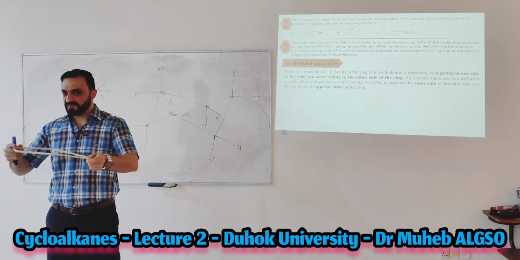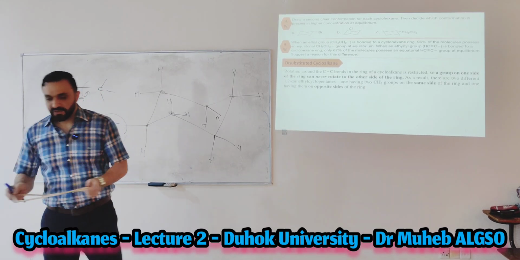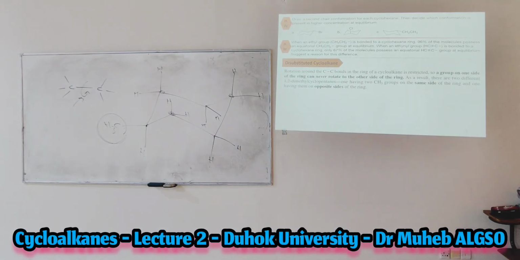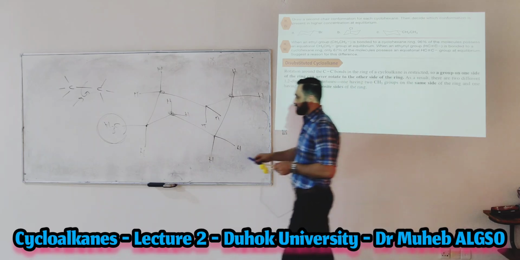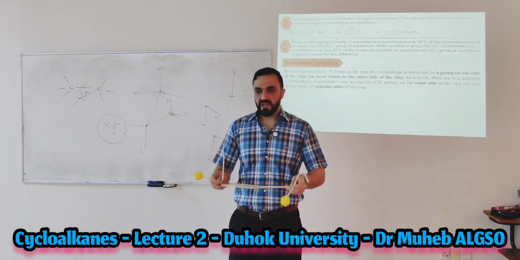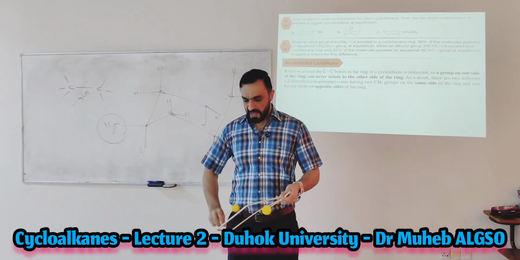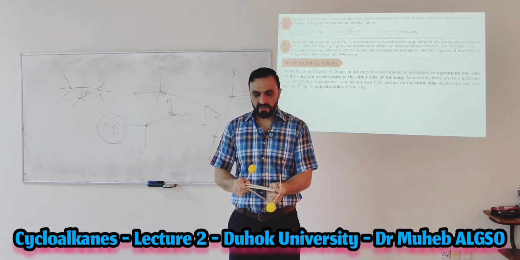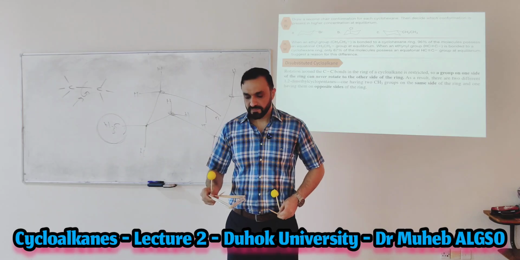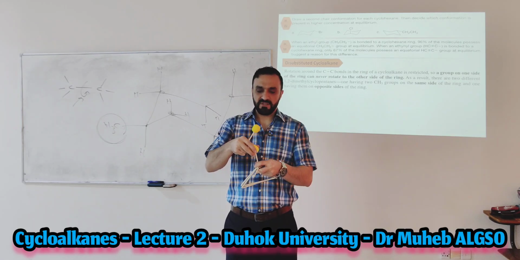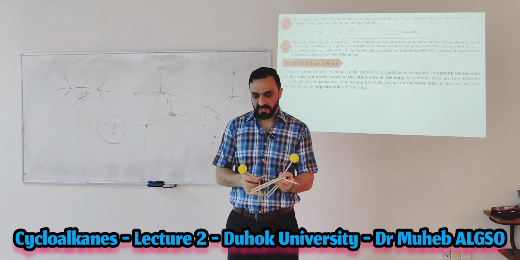There is no rotation. So if we have, for example, these two groups here in cyclohexane, I will go, for example, to cyclopropane. This is the cyclopropane. If you have two groups here, for example, CH3 and this also CH3.